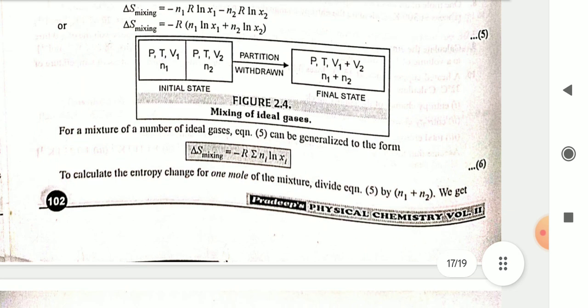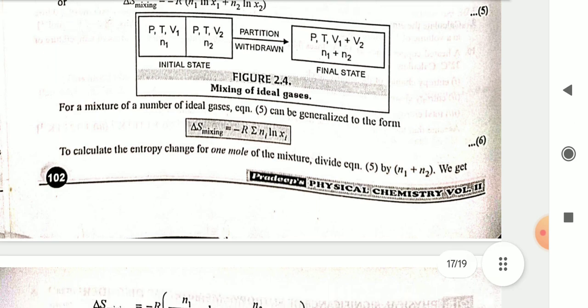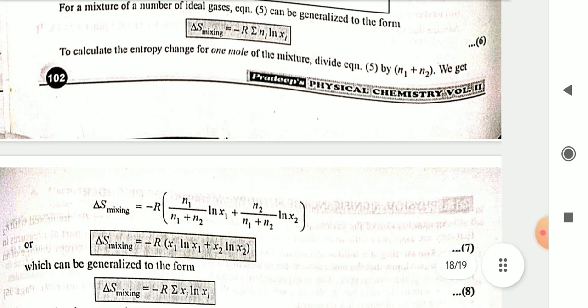For the mixture of any number of ideal gases, equation fifth can be generalized to the form delta S of mixing is equal to minus R summation Ni ln Xi. To calculate the entropy change for 1 mole of the mixture, dividing equation fifth by N1 plus N2, we get delta S mixing is equal to minus R x1 ln x1 plus x2 ln x2, which can be generalized to the form delta S of mixing is equal to minus R summation xi ln xi.